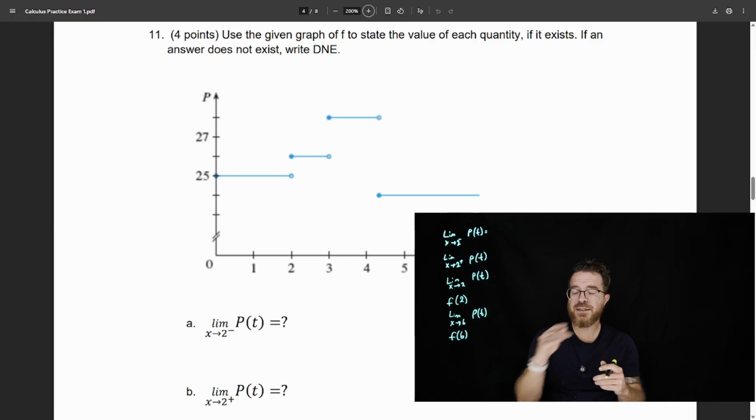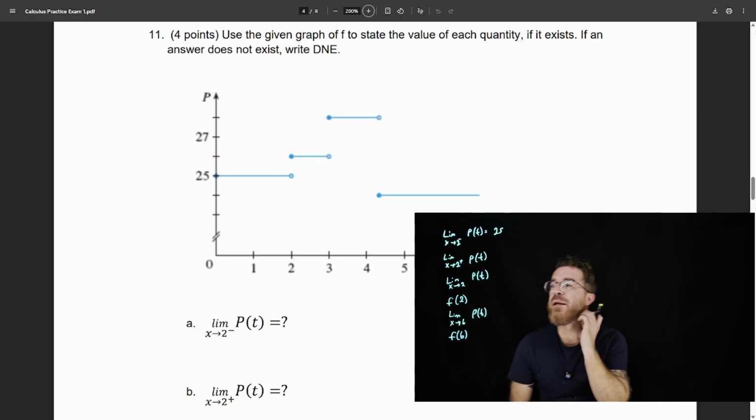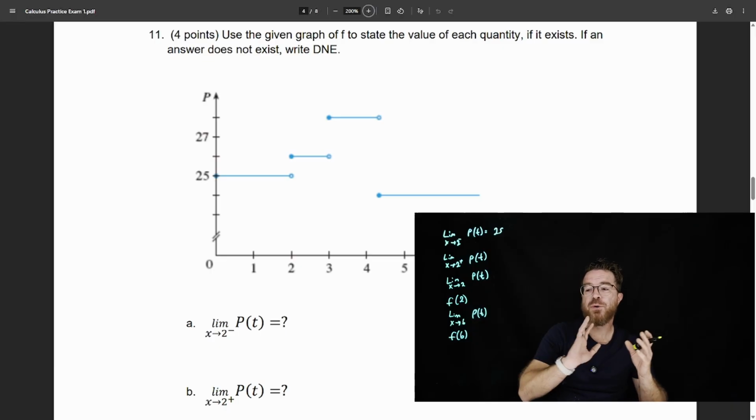Well, it's the bottom left line, meaning that we are at 25. And while it is not equal to f of 2, because that makes it a discontinuity, meaning it makes a jump, in this case, the limit as we approach from the left is going to be equal to 25.